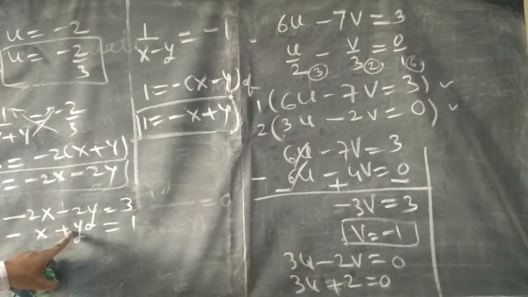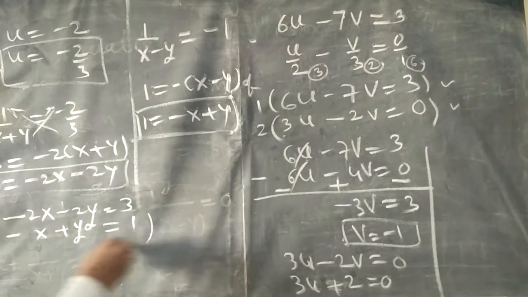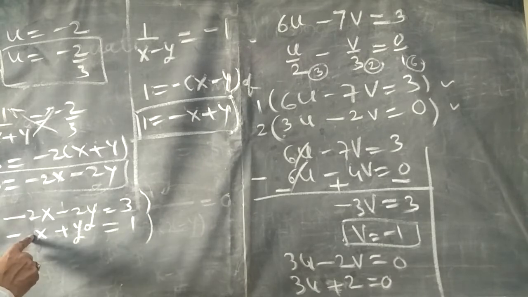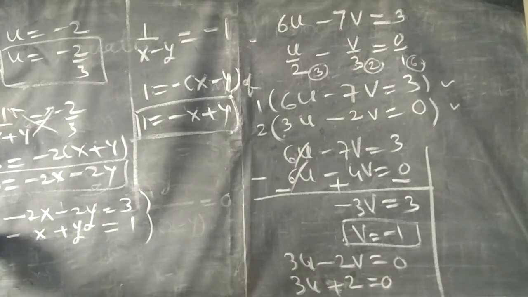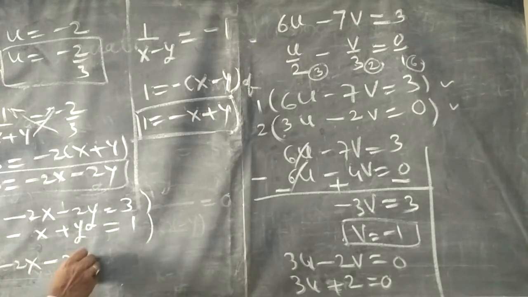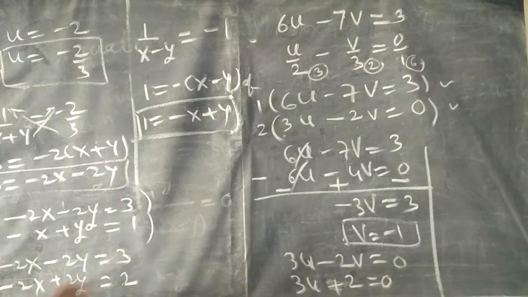Here it is 2, here it is 1. So make the two coefficients equal. And multiplying this by 2, I want to make the x coefficient of both 2. I will multiply here by 1, here by 2. I got minus 2x minus 2y equal to 3, minus 2x plus 2y equal to 2.